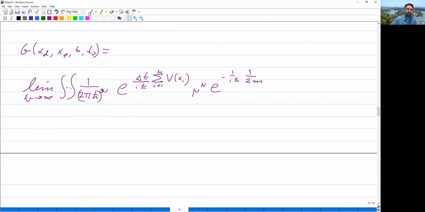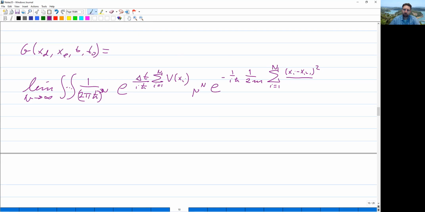So now magically something very nice is emerging here, namely 1 over 2m, and then we have the sum of one term for each of the momentum integrals, 1 to n, of xi minus xi minus 1 squared.